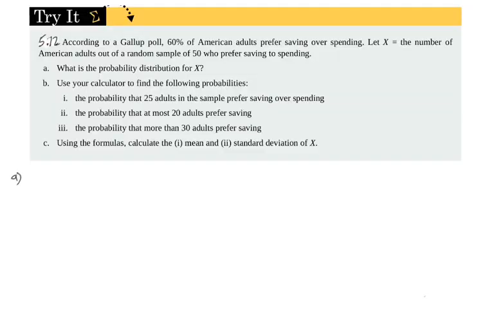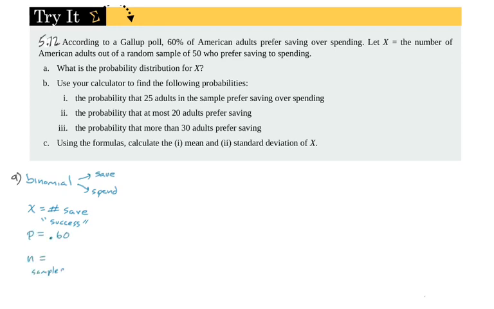Okay, so here's a question, and you can go ahead and pause it and try to answer it, and then I'll get involved. So part A, we know it's binomial because there are two options. Either you save or you spend. So binomial, meaning 2, and there are only going to be 2 options there. And X is going to be the number of people that end up saving.